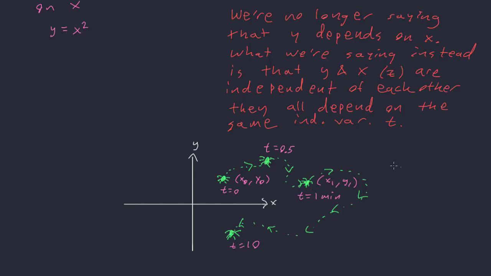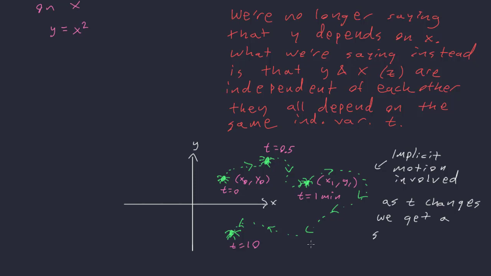There is implicit motion involved here, because as t changes, we get a different x, y coordinate at each time.